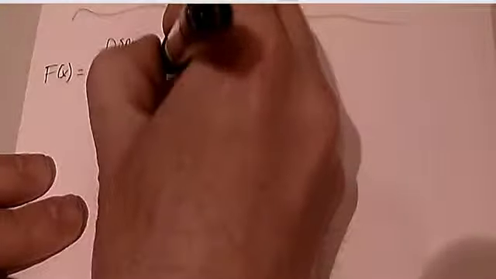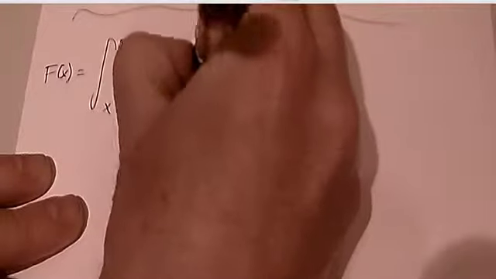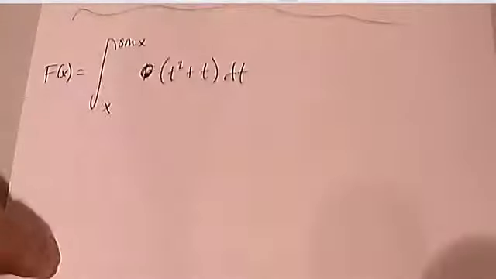Okay, I'll just make one up off the top of my head. Let's do f of x is equal to the integral from x to sine x of t squared plus t dt.